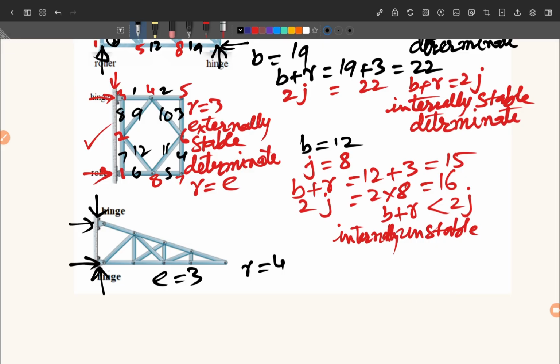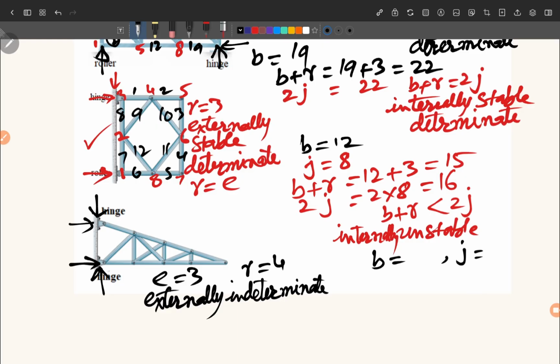So to calculate the reactions, you can say this is externally indeterminate, because support reactions are not internal; these are external forces which come from the supports. Now we look for the internal stability and determinacy. So for that we have to count how many bars and how many joints are there.